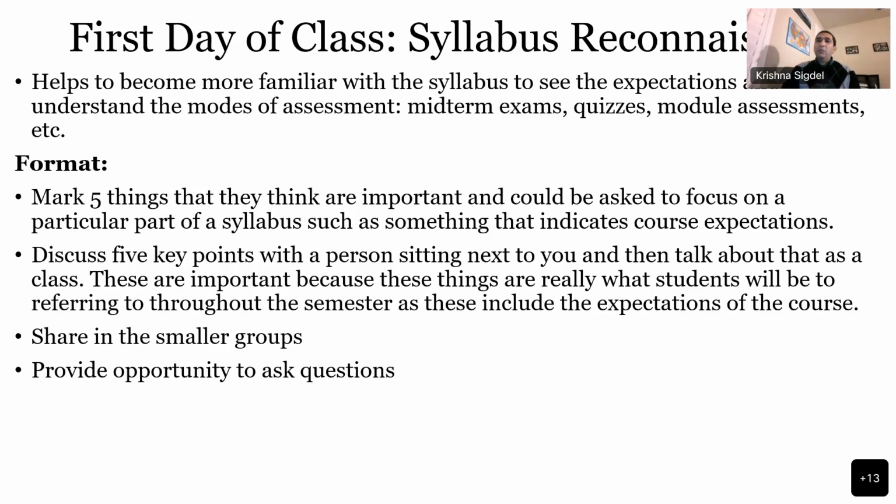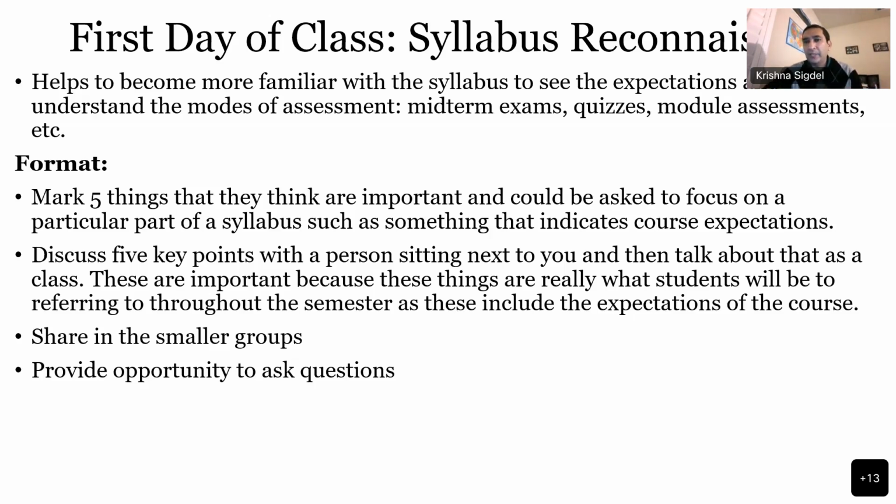So you can do a quick activity about syllabus reading, so that students actually read the syllabus. Just hand out the syllabus to all the students and ask them to please mark five things, the five important things you need to focus on throughout the semester.